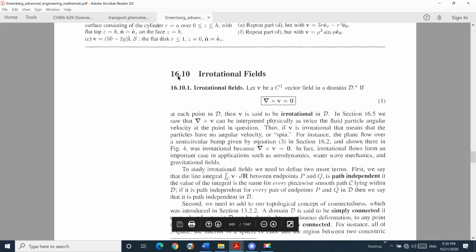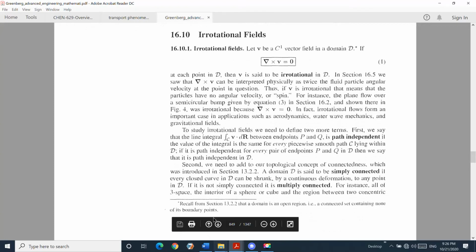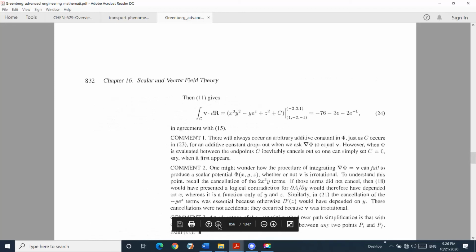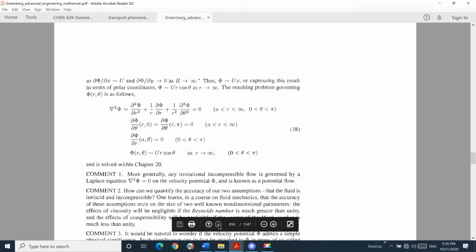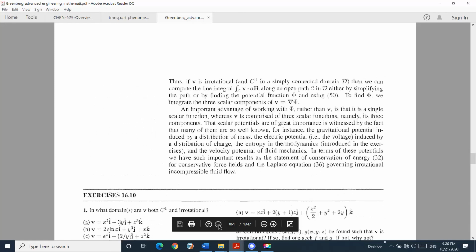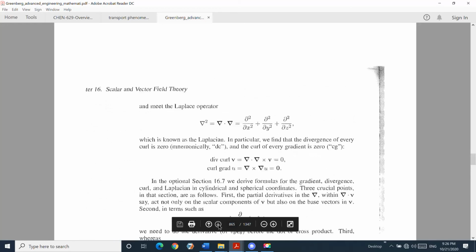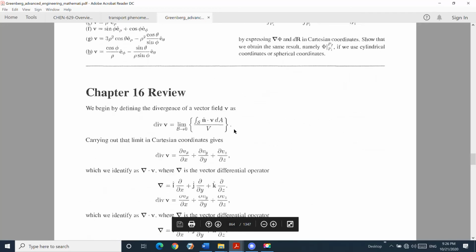Section 16.10 is the irrotational field. Another topic here. So, a review of chapter 16.